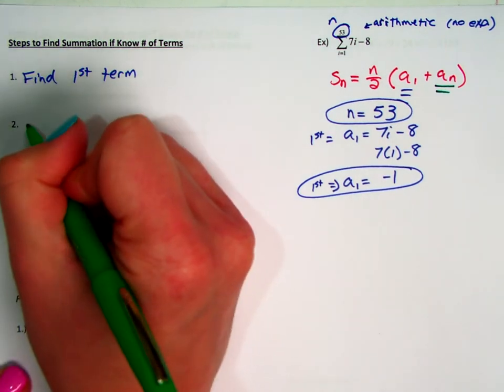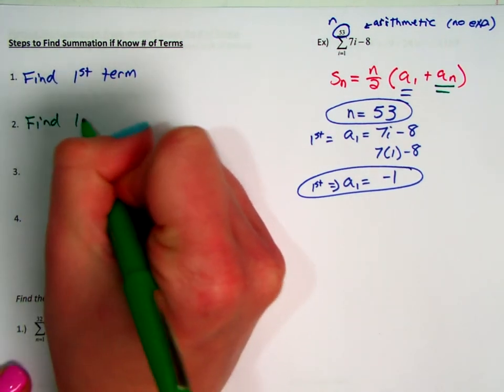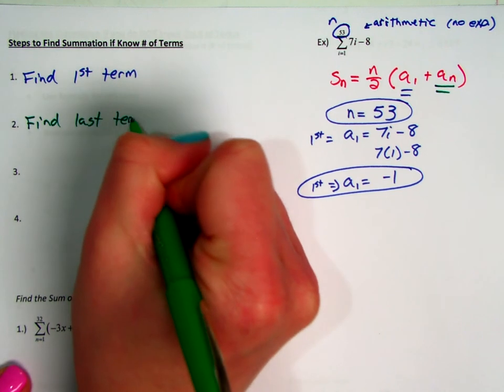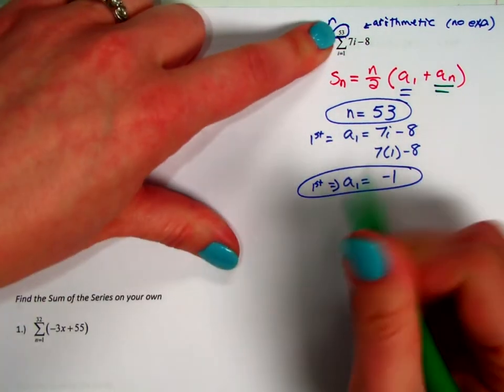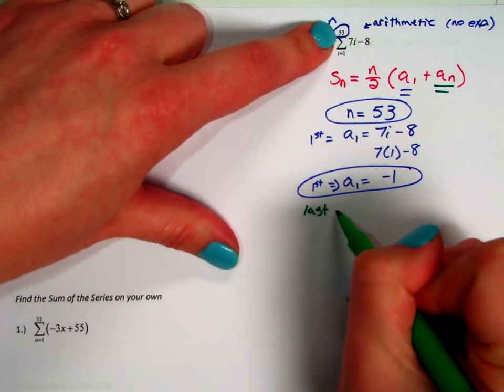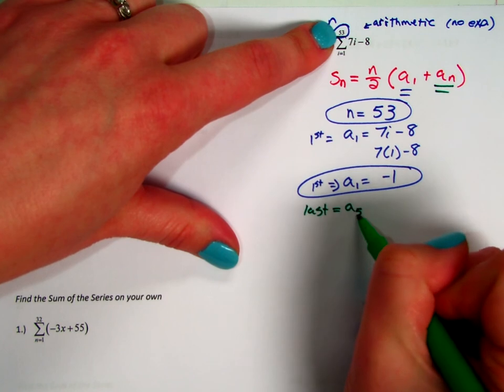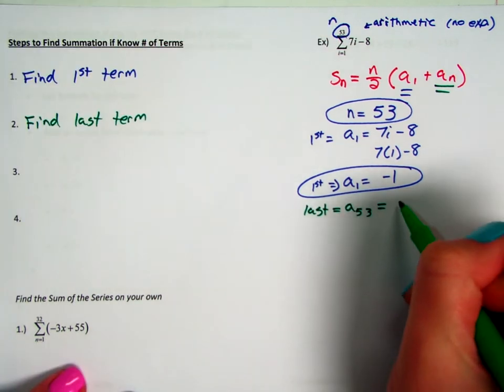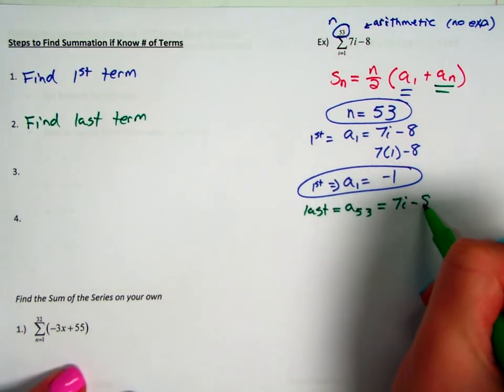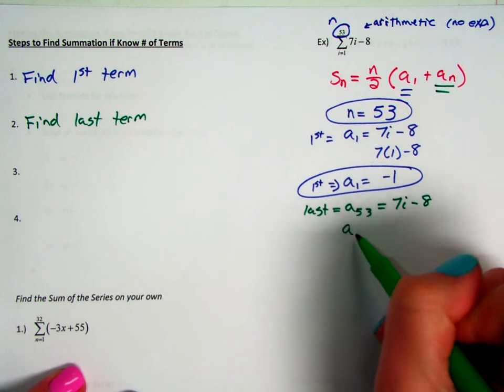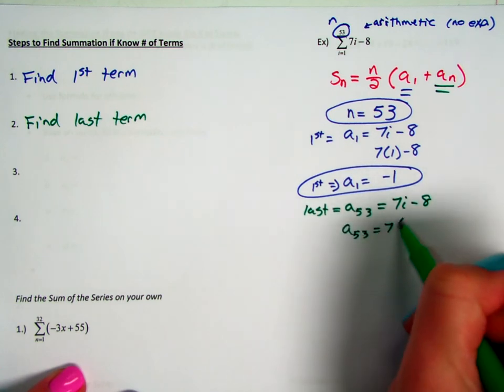So step 2, find the last term. Well, in this case, my last term is 53. So I'm finding a sub 53, which I can substitute into that again. 7i minus 8 should tell me what my 53rd term is. So a sub 53 equals 7 times 53 minus 8.